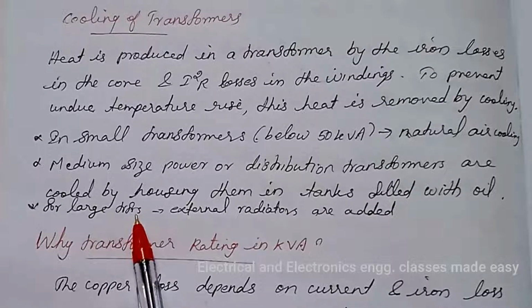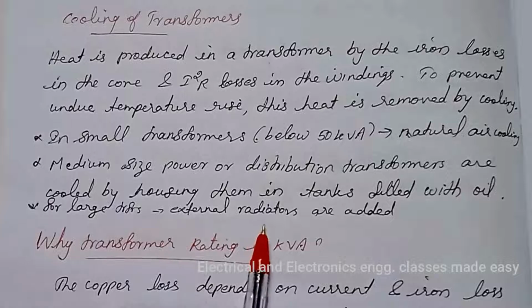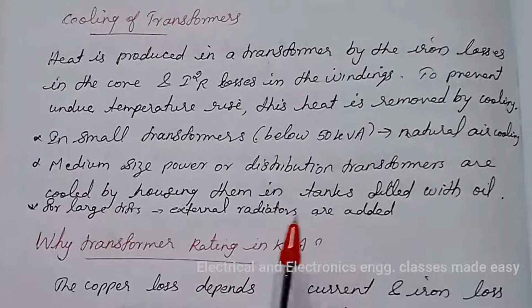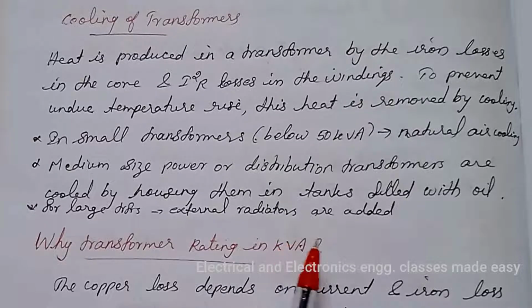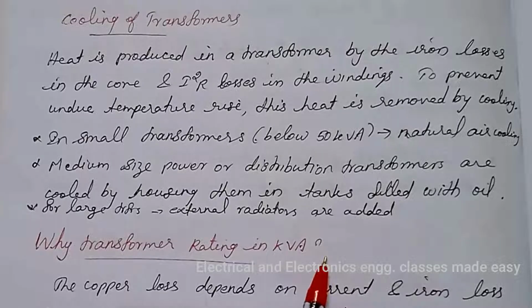For large transformers, external radiators are added to increase the cooling surface of the oil-filled tank. The oil circulates around the transformer and moves through the radiators where the heat is released to the surrounding air. Sometimes cooling fans are provided to blow air over the radiators to accelerate the cooling process.